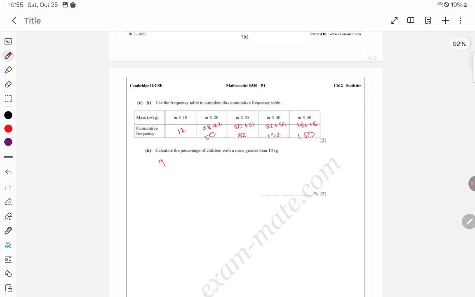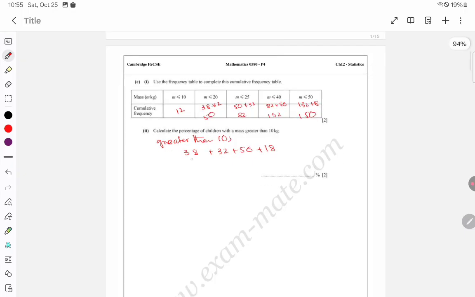And this should be greater than 10. For that, add the 38 plus the 32 plus the 50 plus the 18, divided by the total number of students, which is 150, multiplied by 100.